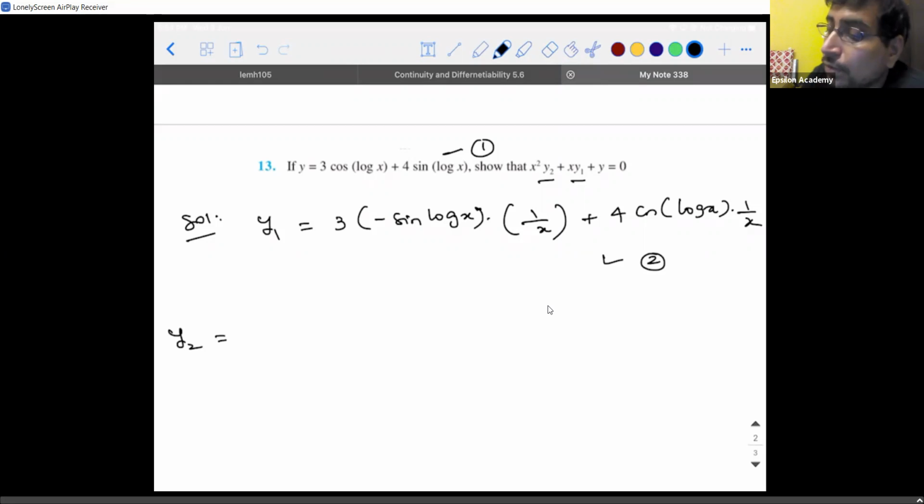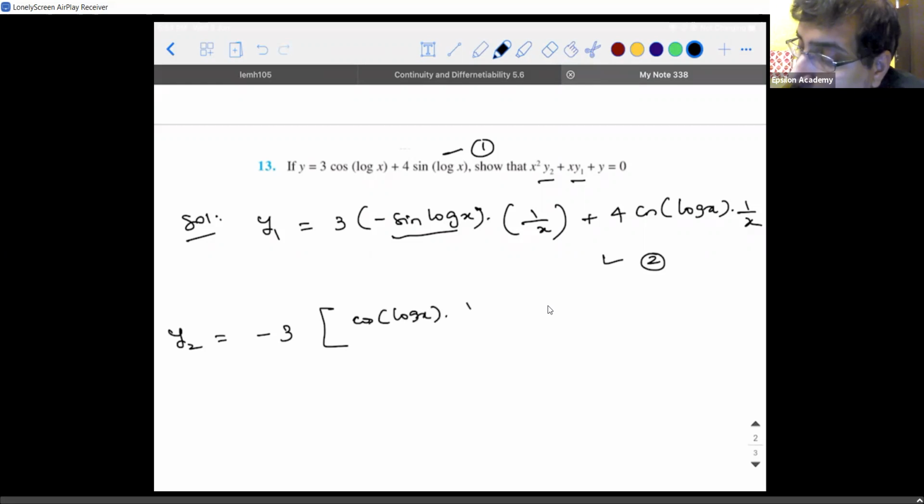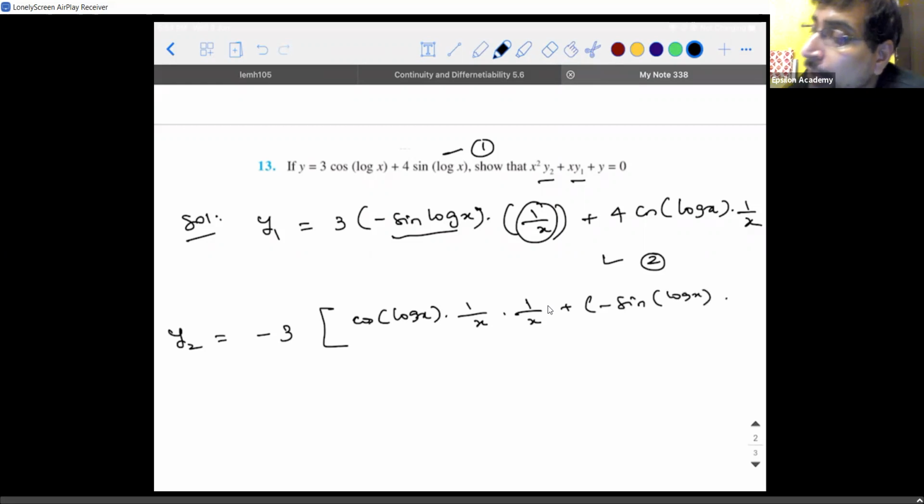What is going to be the answer? Minus 3, I will have it outside. Derivative of sine of log x is cos of log x into 1 by x, and you already have a 1 by x here, plus minus sine of log x into, what is the derivative of 1 by x?